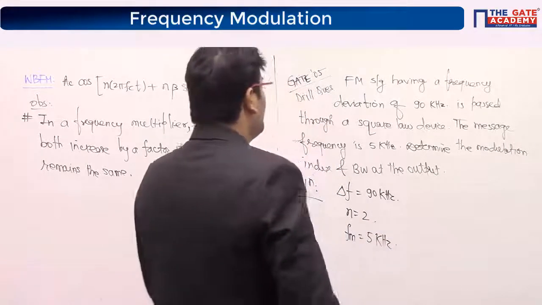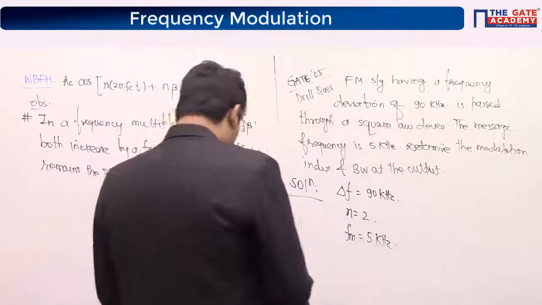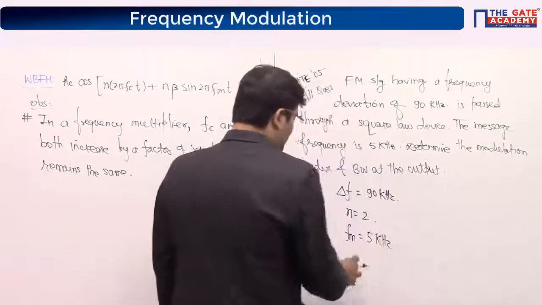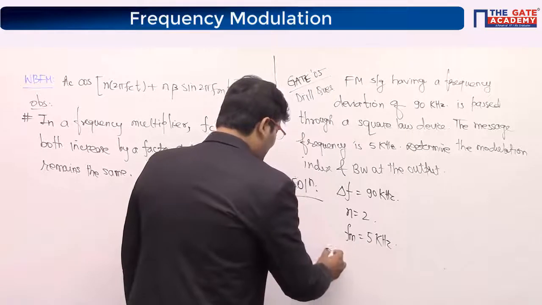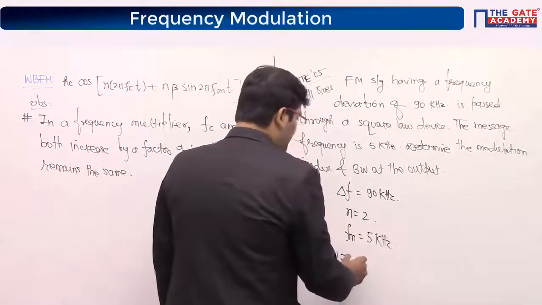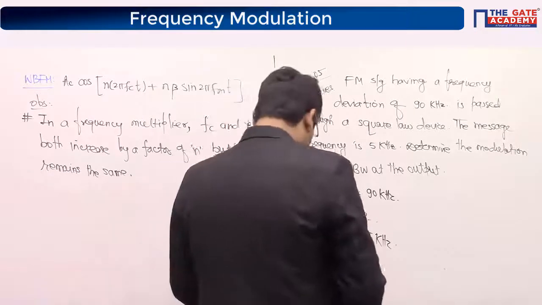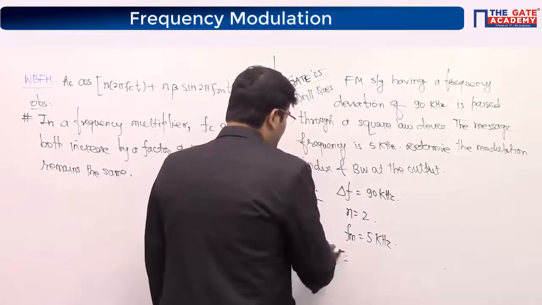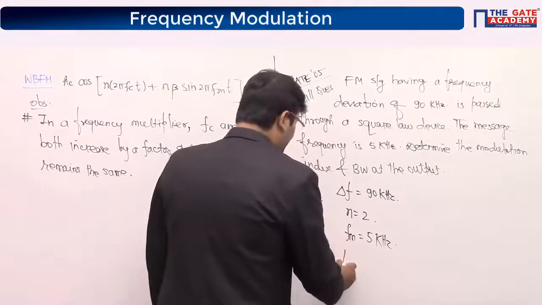Determine the modulation index and bandwidth, right? So let's ask what is the beta here?